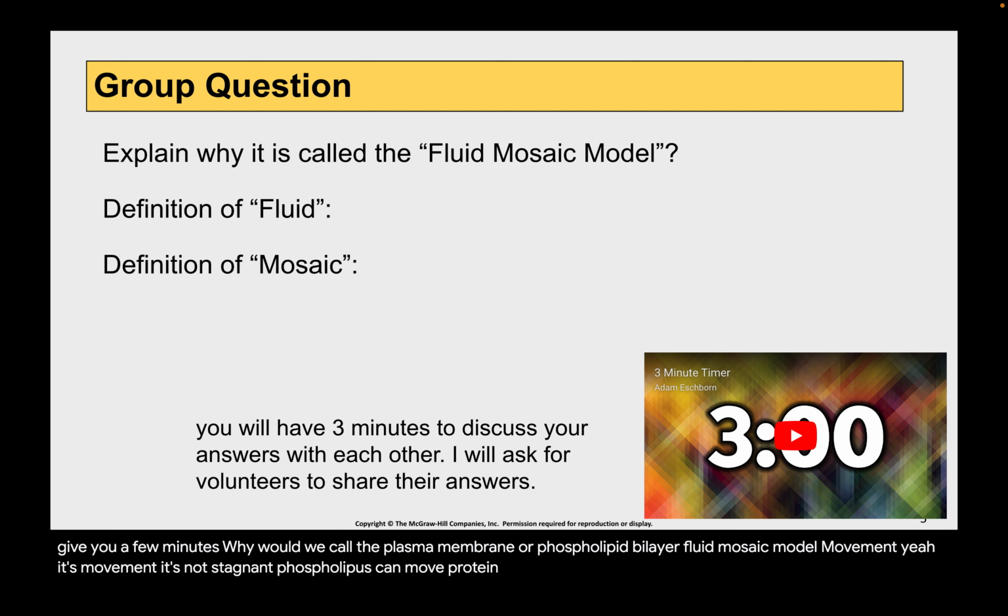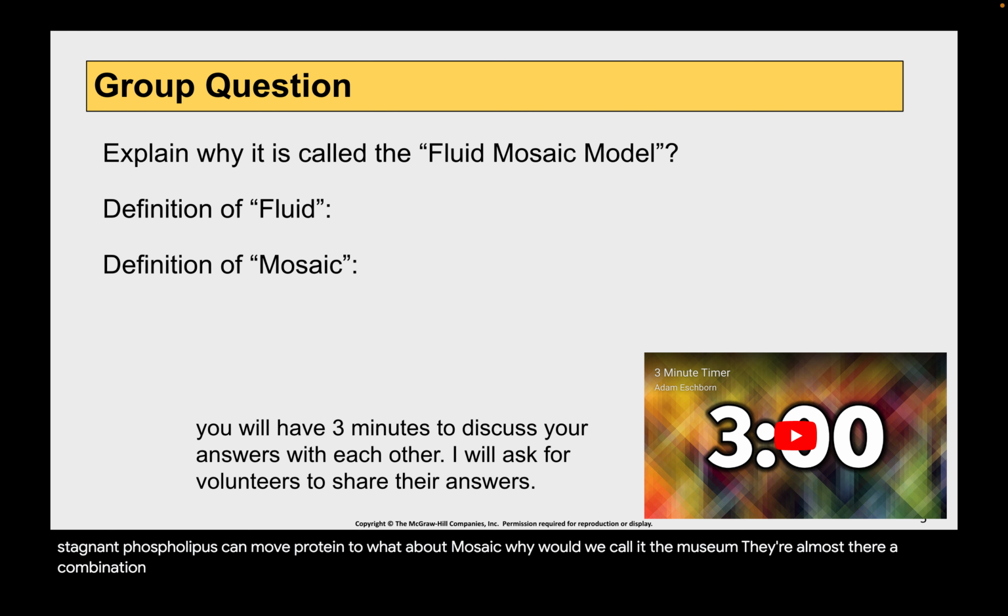Proteins can move. What about mosaic? Why would we call it mosaic? Yeah, there's variety in it. Those two halves are not the same. They're a combination of phospholipids and different types of proteins, with cholesterol in the mix as well. So the plasma membrane we would call this fluid mosaic model. Any questions there?